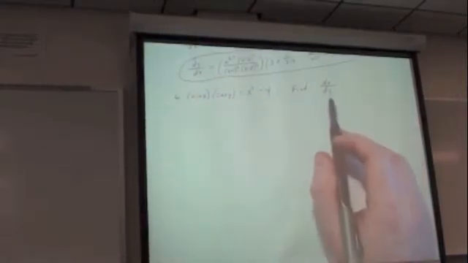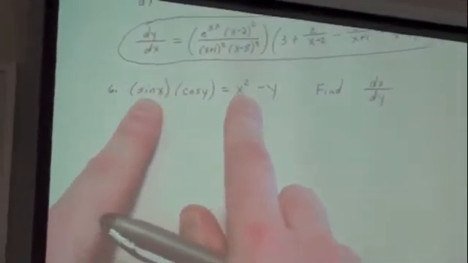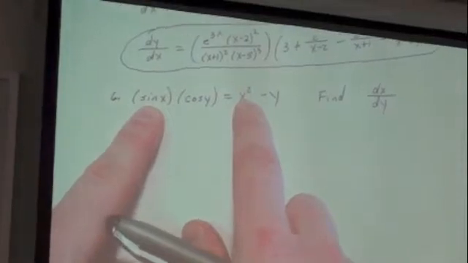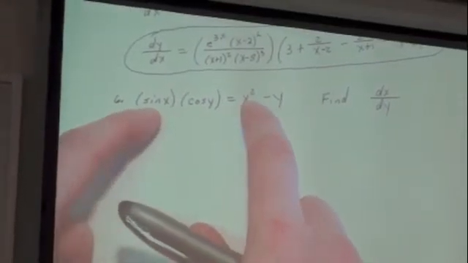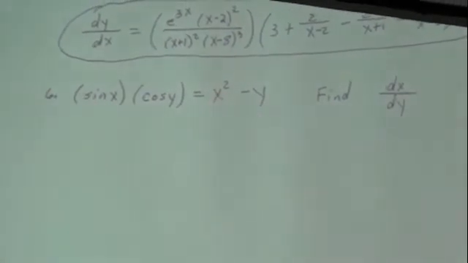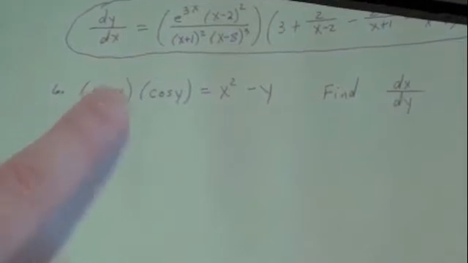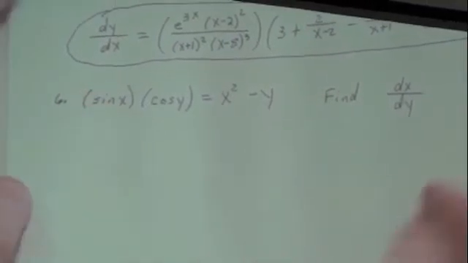So on this one, I'm going to say, okay, if I want the derivative with respect to y, I say, well, clearly x and y are related. So I can't just simply say the derivative of x with respect to y is 0. I don't know that. I have to put dx dy in there in the equation for it. So I'll say the derivative of the first, derivative of the sine of x.